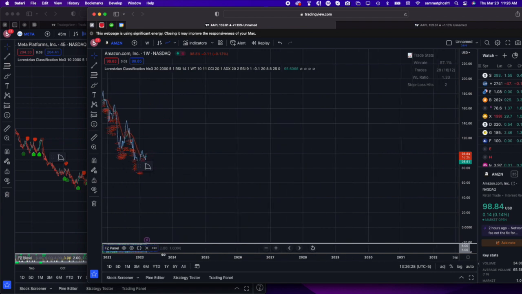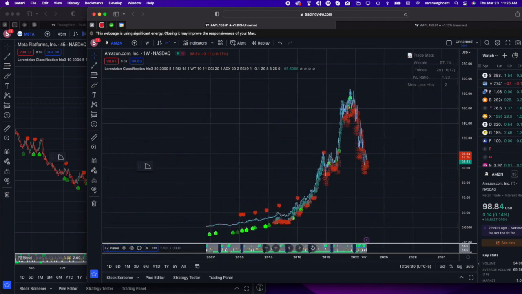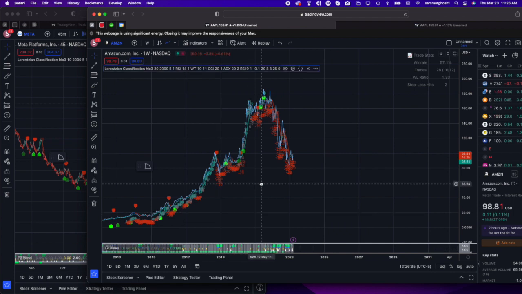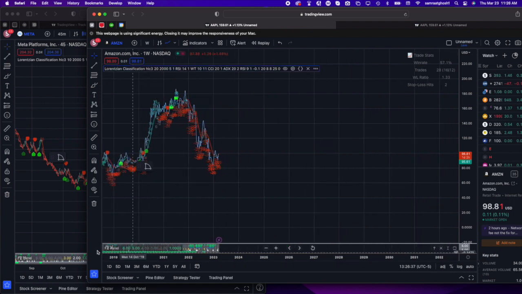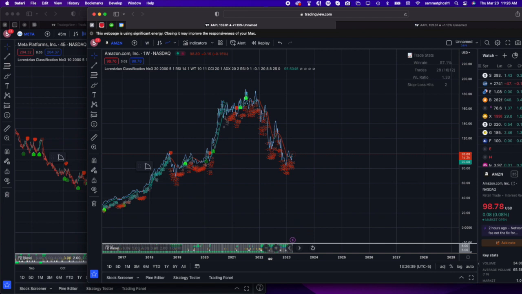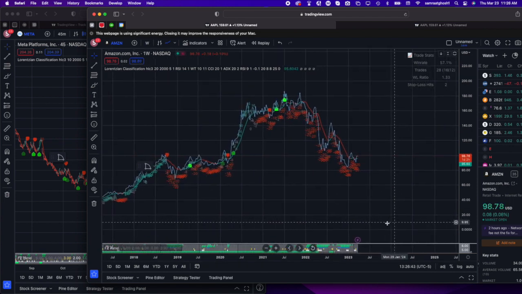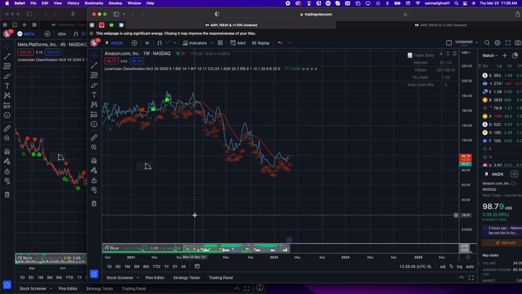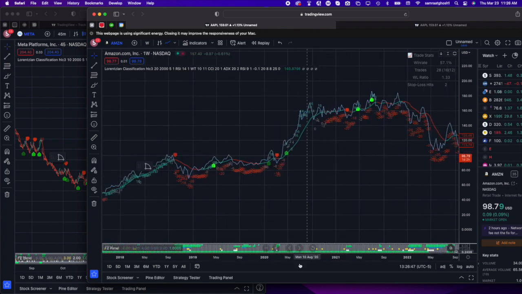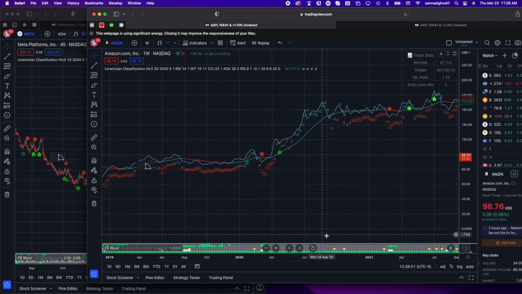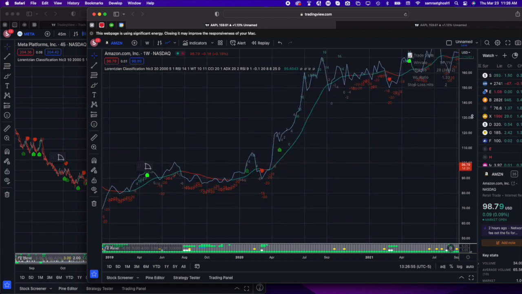Now you can see on Amazon 28 trades, 16 and 12. It still has not detected a full sell on the 1 week, but if we look at different time series, we've seen definitely different results. But I just wanted to show you the different time series.